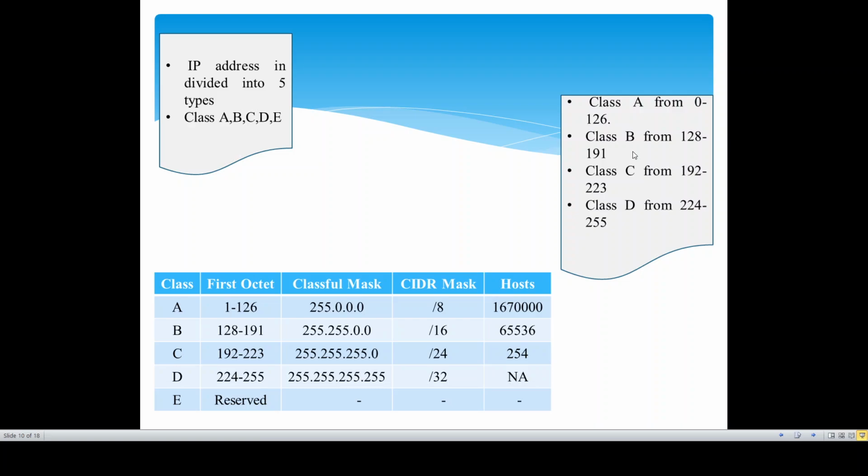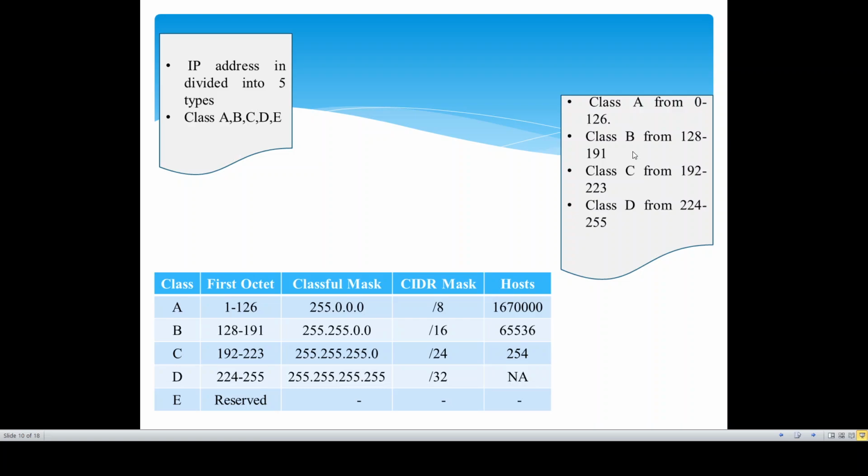So next will be the host. How many hosts can be connected with a single IP? For class A it is 16.7 million devices. These devices are also called hosts. So how is this 16.7 million calculated? In the classful mask, there is 255.0.0.0, so you'll be having 3 zeros.